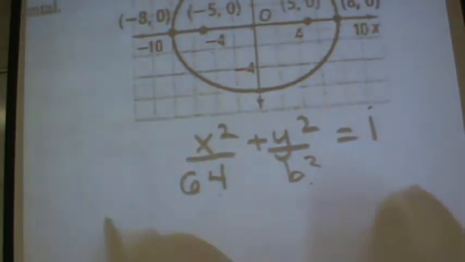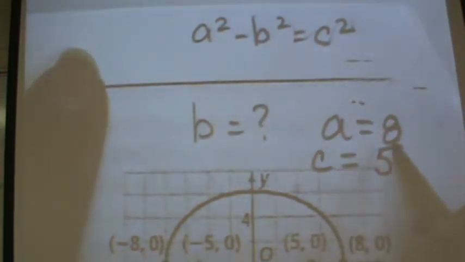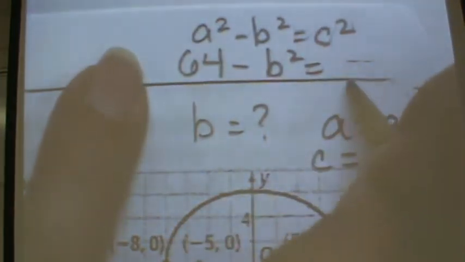So what you're going to do is a squared, which is 64. a squared minus b squared equals c squared. That's the relationship between a, b, and c with an ellipse. So 64 minus b squared equals 25.